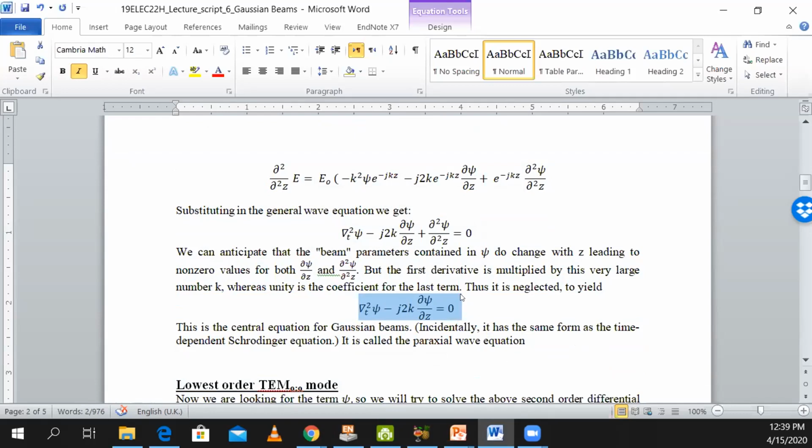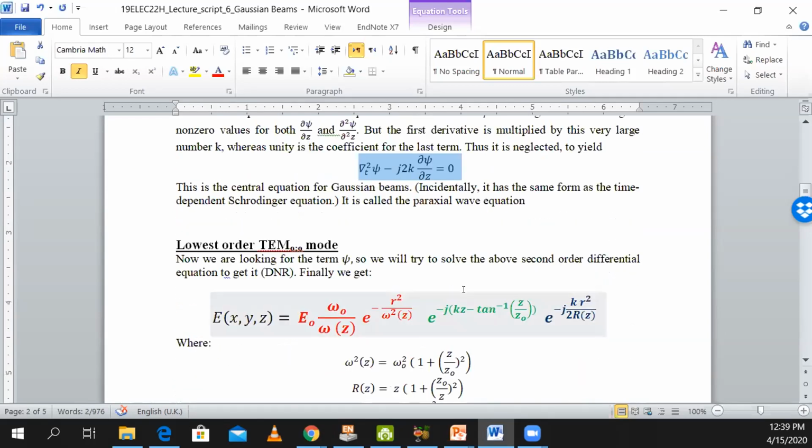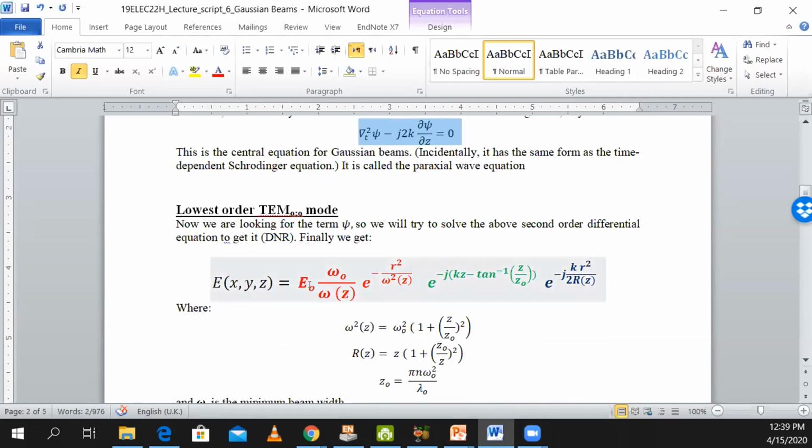After solving, we reach this equation. The exact solution is not required of you mathematically. This equation represents the electrical field in terms of x, y, and z.